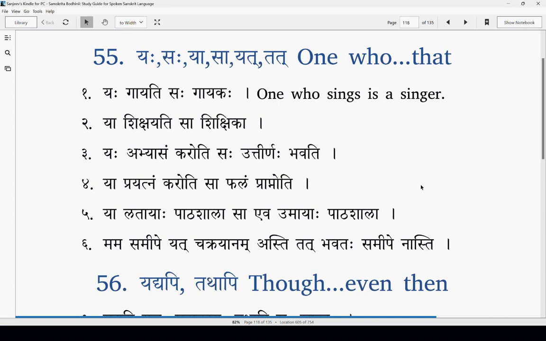But similarly, they can also be paired with yaha. Yaha means one who. Yaha gayati saha gayakaha. यः धावति सः धावकः. यः शिक्षयति, या शिक्षयति सा शिक्षिका, one who teaches, she is teacher. यः अभ्यासं करोति सः उत्तीर्णः भवति.